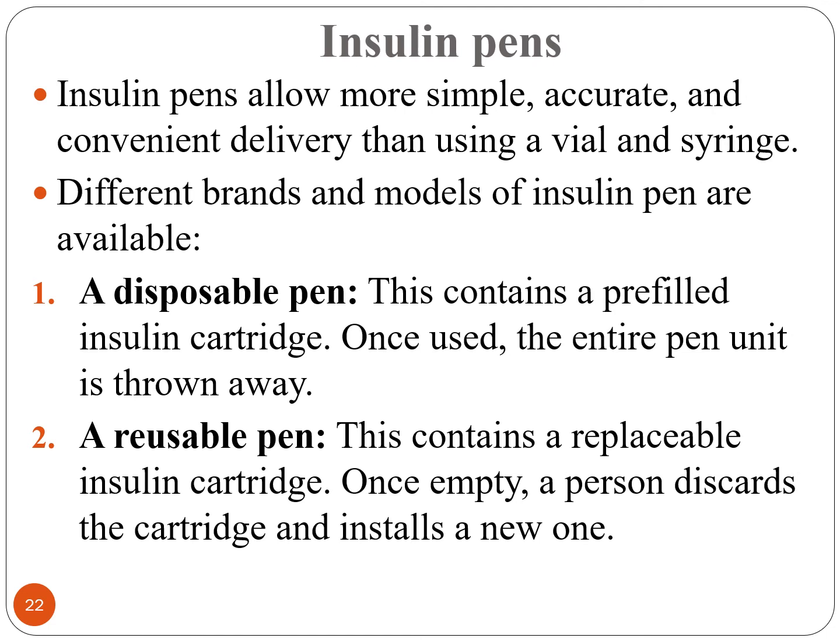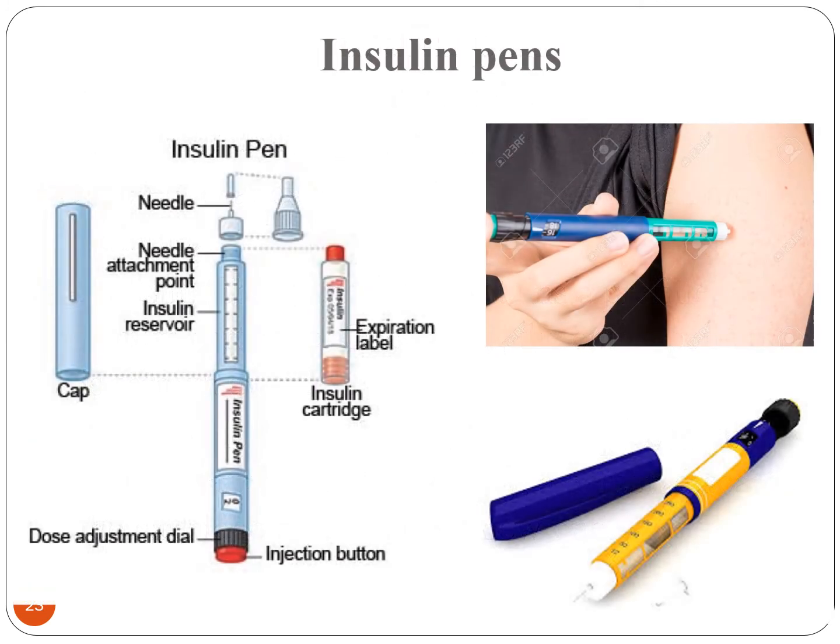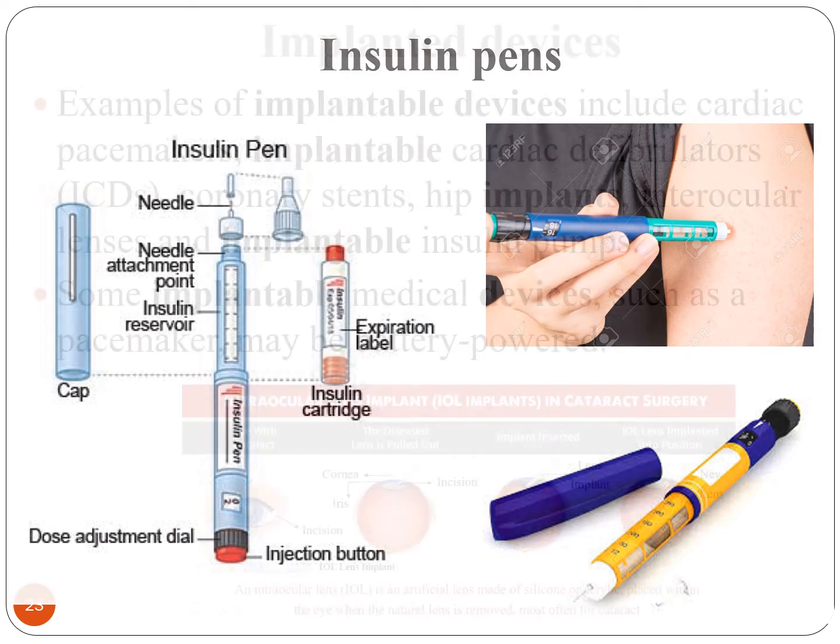Once empty, a person discards the cartridge and installs a new one. This is the insulin pen. These are the different parts of the insulin pen, and we mentioned that its advantage is to provide an accurate dose.